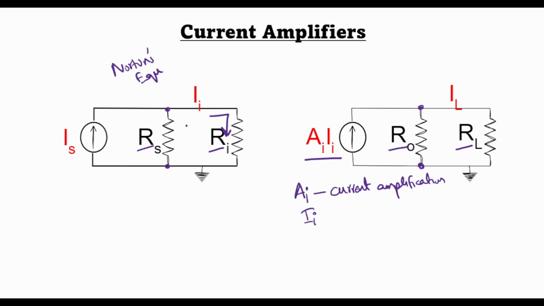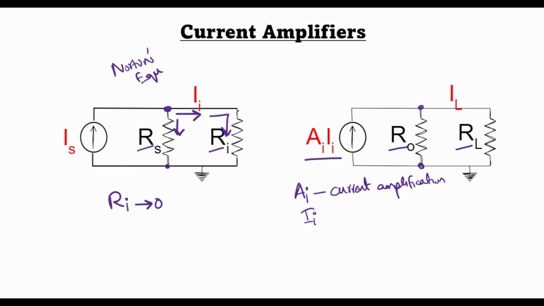Now, in case of a current amplifier, we want the maximum source current Is to flow through the input resistance Ri, and we don't want this current to flow through the source resistance. So ideally this can happen when the input resistance approaches 0.